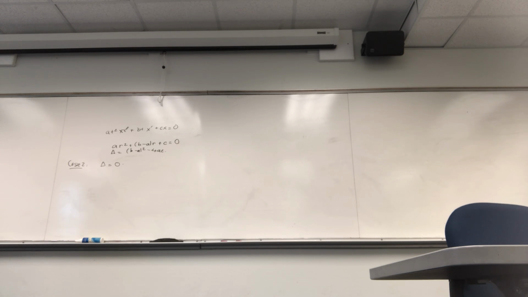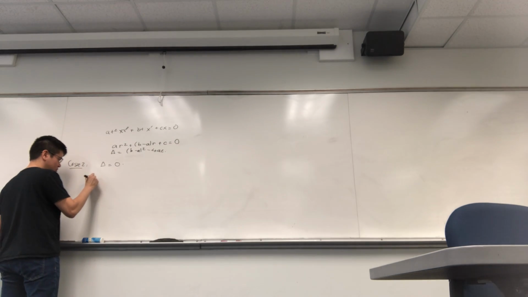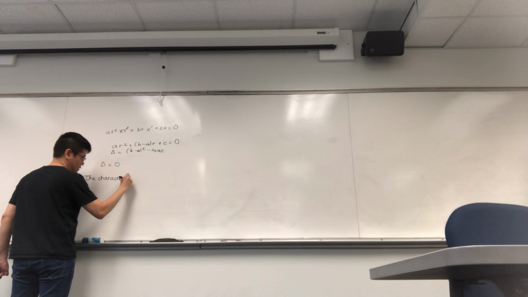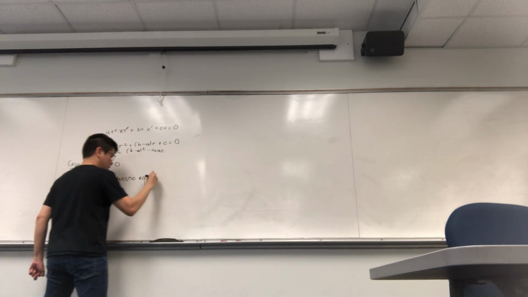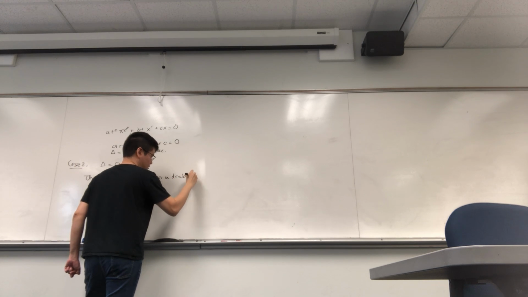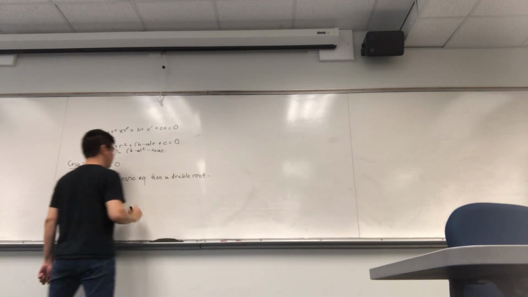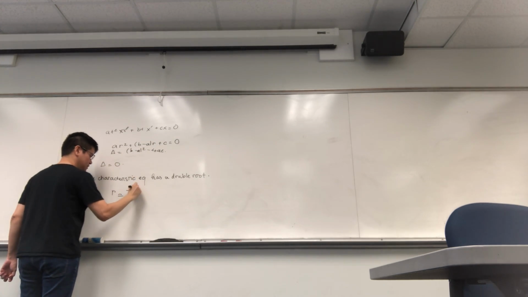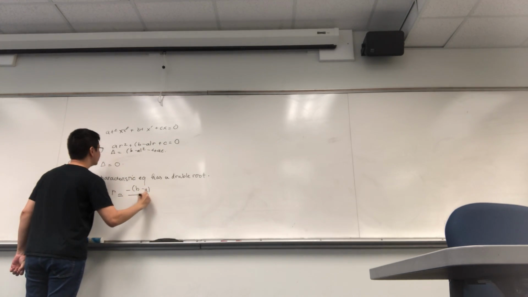Yes? It's a double root. So the characteristic equation has a double root. Right, so you have r is minus (b minus a) over 2a.